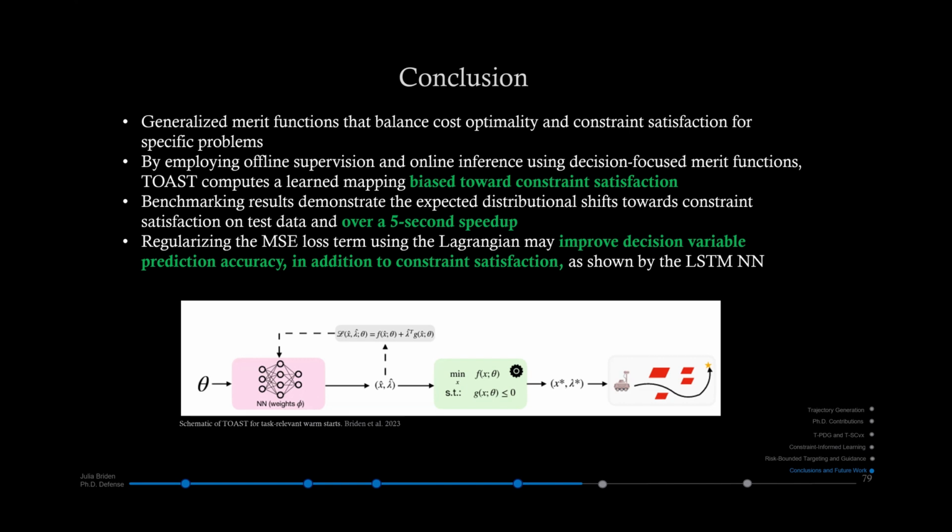Furthermore, we also saw that when we regularized mean squared error loss with the Lagrangian, we also improved the decision variable prediction accuracy in addition to constraint satisfaction, specifically in the LSTM neural network case.